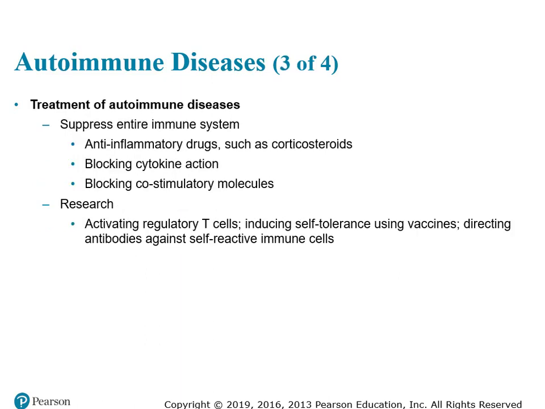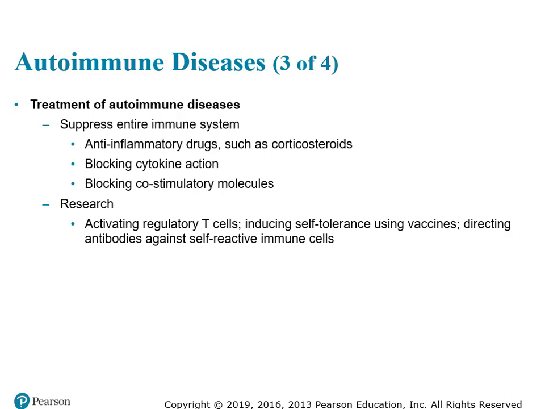So, how do you treat autoimmune diseases? Because your immune system is the one that is attacking, you suppress the immune system. That's the main form of treatment that we have so far for autoimmune disease. Okay, so anti-inflammatory drugs like corticosteroids, blocking cytokine action so you don't multiply your immune cells, blocking your co-stimulatory molecules so you don't again cause replication and activation.